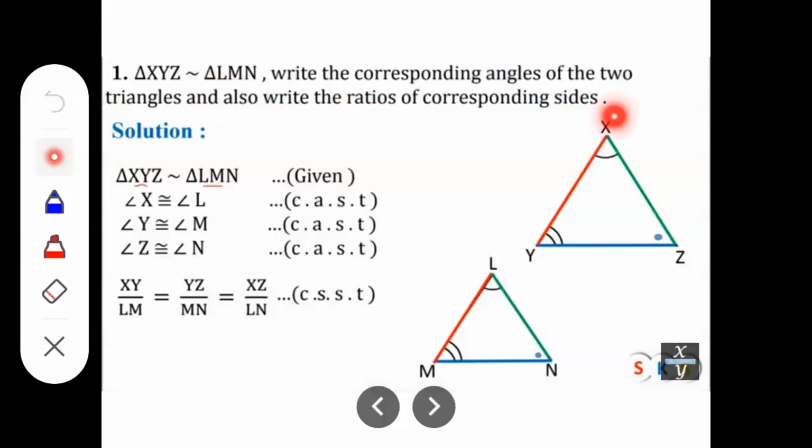Triangle XYZ is similar to triangle LMN. Write the corresponding angles of the two triangles and also write the ratio of corresponding sides.